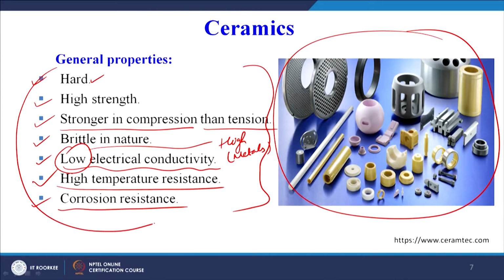But in the course that we are currently discussing, manufacturing guidelines for product design, we cannot have the liberty to discuss how ceramics are manufactured. So, our focus primarily is to list down the application spectrum of ceramics, in what type of applications they can be used.